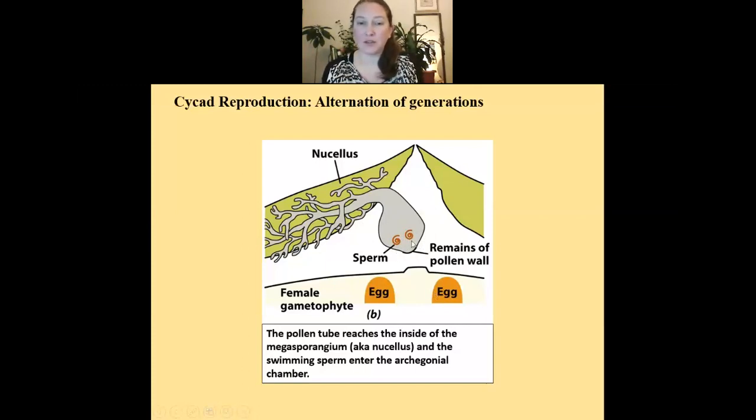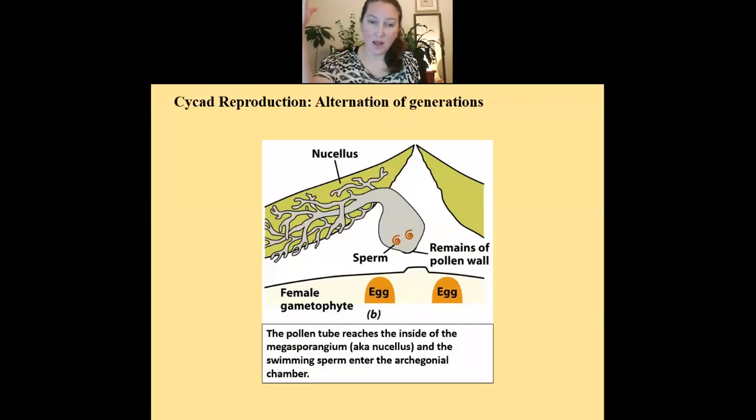It is going to release the sperm, and the sperm are going to compete for the same egg. Whichever sperm is faster and better and stronger is going to be the one that ultimately fertilizes the egg. It might be this egg, it might be this egg. Don't worry about that right now. I'm just saying it's a little wasteful to have two sperm because ultimately only one gets used.